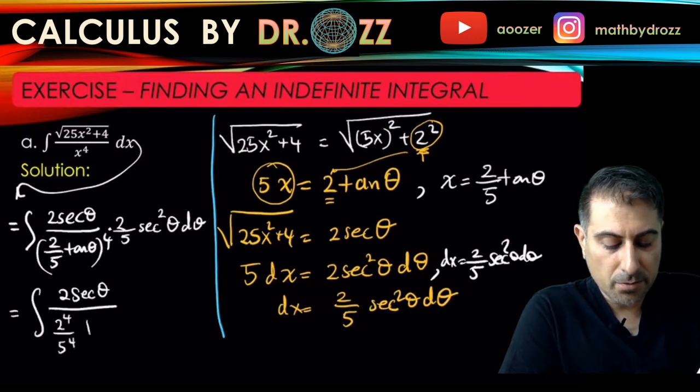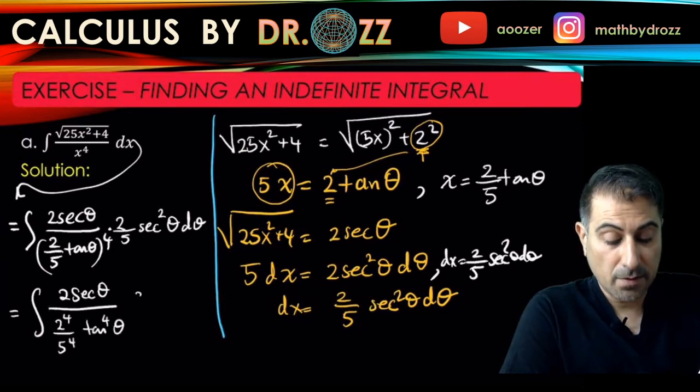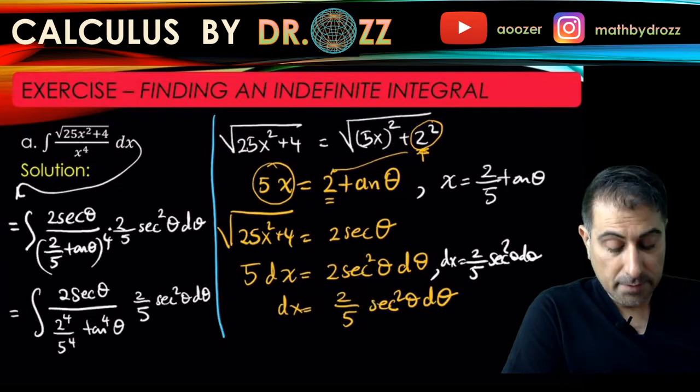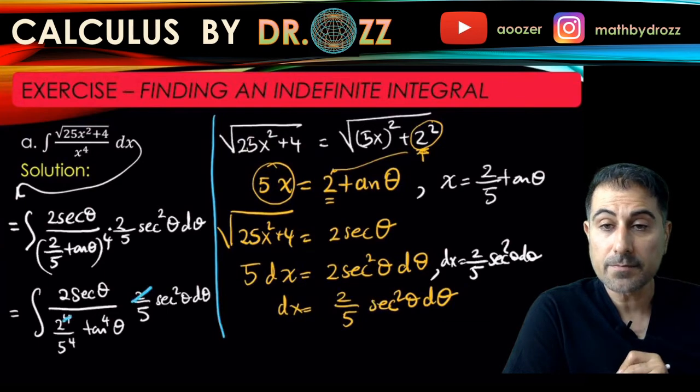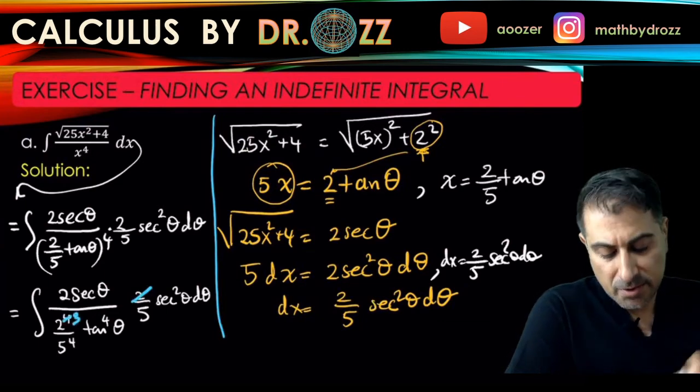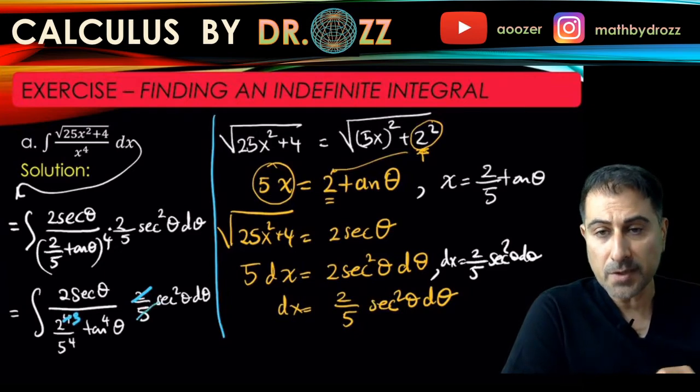And then you have another 2/5 and secant squared theta d theta. All right, this 2 is going to cancel this 4, and I have 3 left here. And this 5 is going to cancel. I'm just canceling 1, 2/5 from this essentially.